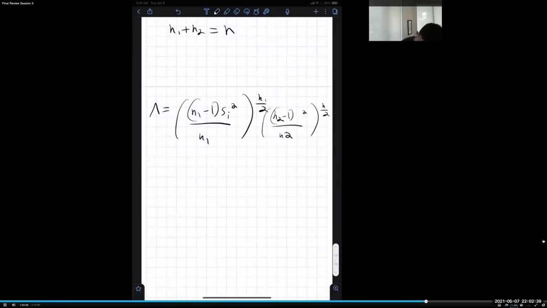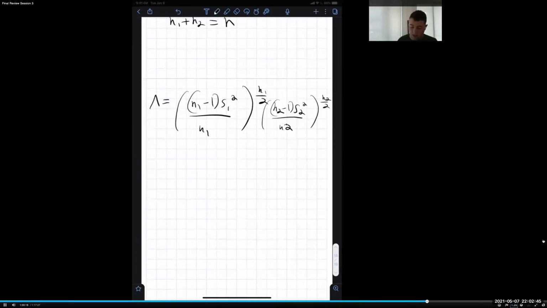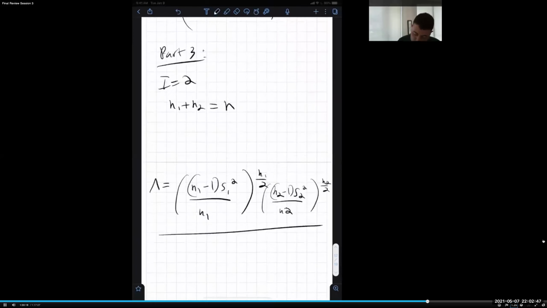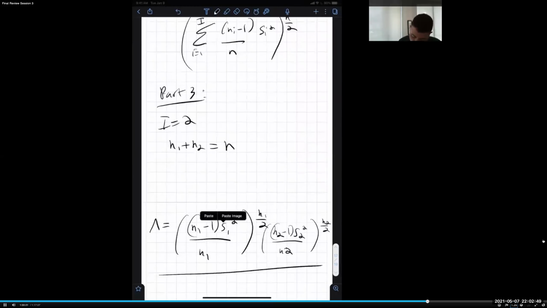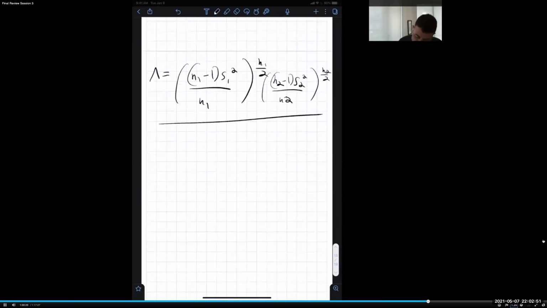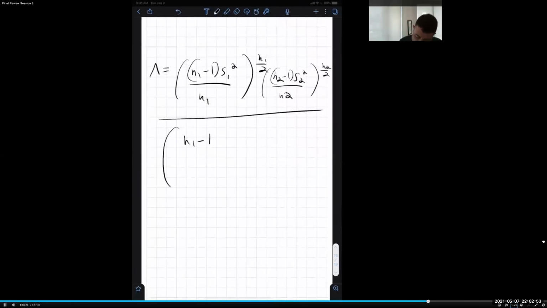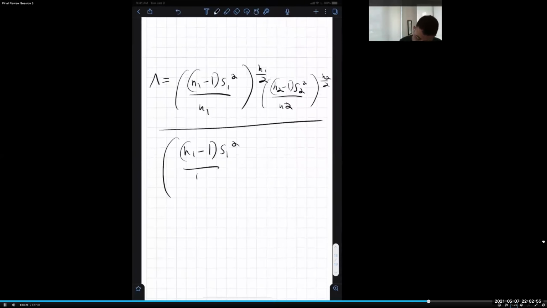There's a 1 there, and that needs an s2 n2. Okay, so that's those, and then the denominator is just the sum of these two same terms. So we get n1 minus 1 s1 squared over n1 plus n2 minus 1 over n2 s2 squared, and this is divided over n over 2.